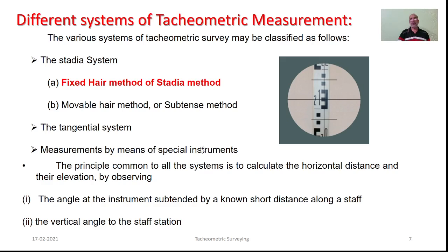discuss that. So, in this particular study, stadia or tangential, the principle is common and it is based on calculating the horizontal distance and elevations by observing the angle of the line of sight subtended with respect to a known ordinate on the staff and the angle subtended by the line of sight to that particular staff station.